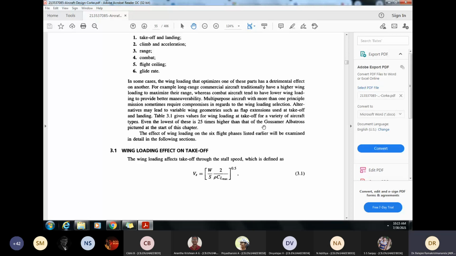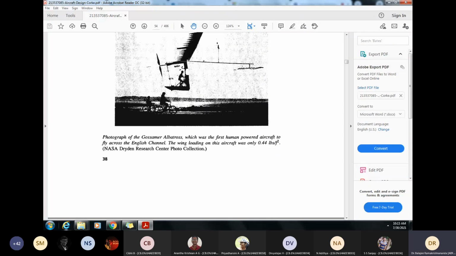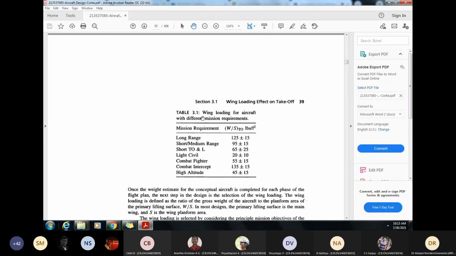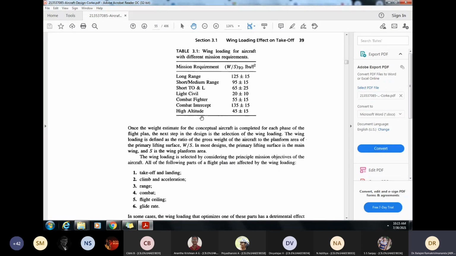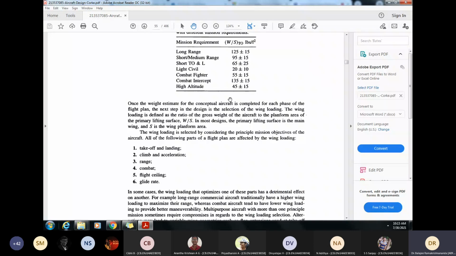What is the Gossamer Albatross? A human powered aircraft. Okay. Can I give a human powered aircraft design to any one of your groups? I don't think so. I missed out this time. So you see a very huge, very large wing. You can see that the aim of this is different from any of these aircraft.